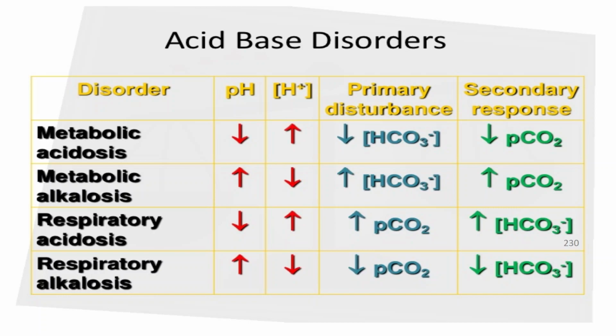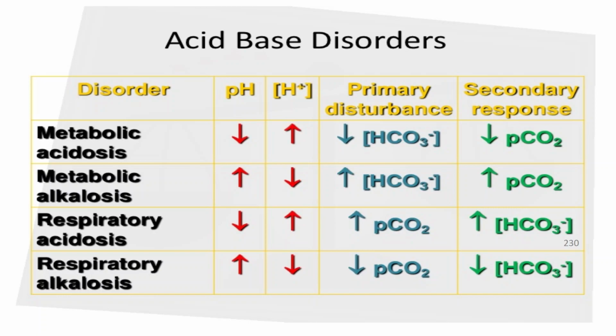The primary difference between metabolic acidosis and metabolic alkalosis: in case of a metabolic acidosis, carbon dioxide concentration is reduced and bicarbonate also is reduced. In metabolic alkalosis, bicarbonate as well as carbon dioxide is increased.